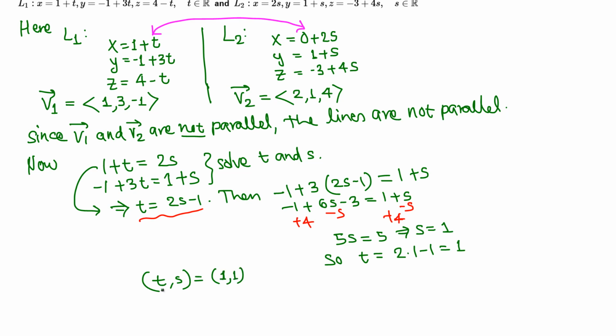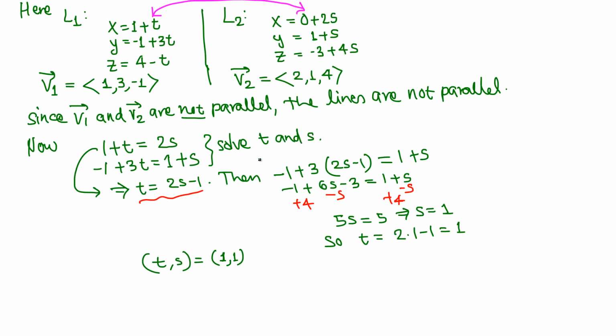Now we want to see if this point satisfies the third equation. We had the third equation here: 4 minus t equals negative 3 plus 4s.